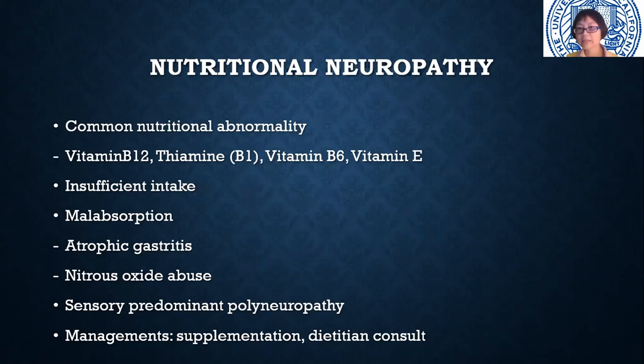Especially some people get chronic diarrhea or have some chronic GI problem like atrophic gastritis, and some young patients may have toxic side effects from nitrous oxide abuse. That's another risk factor for nutritional neuropathy.